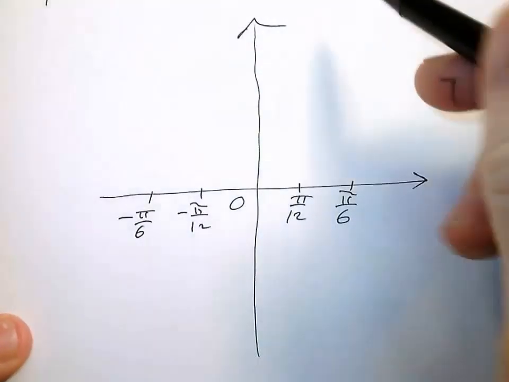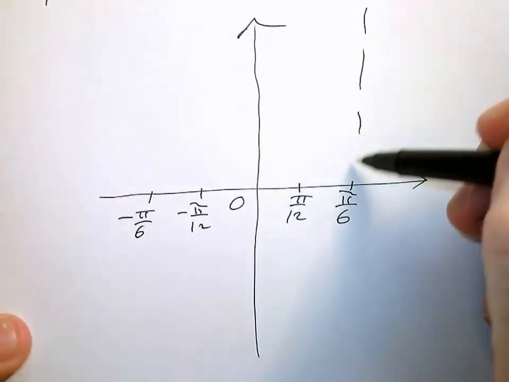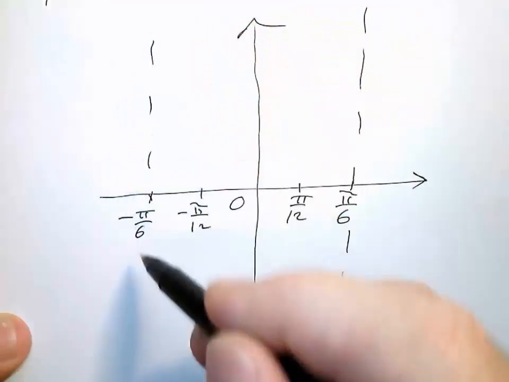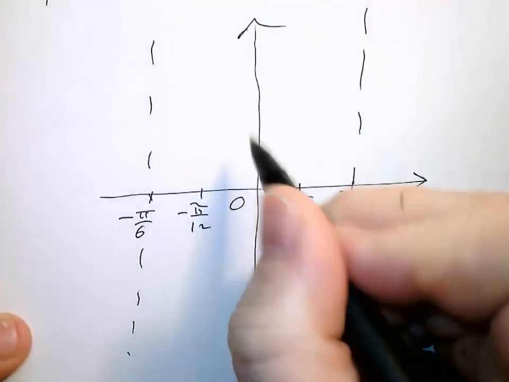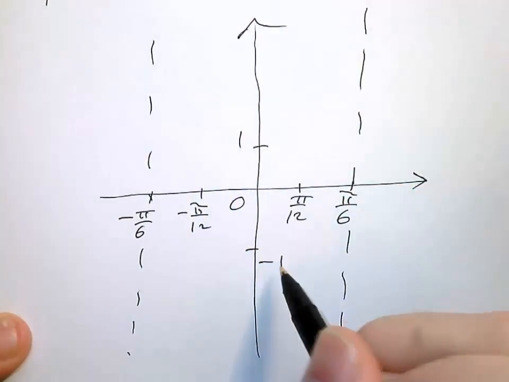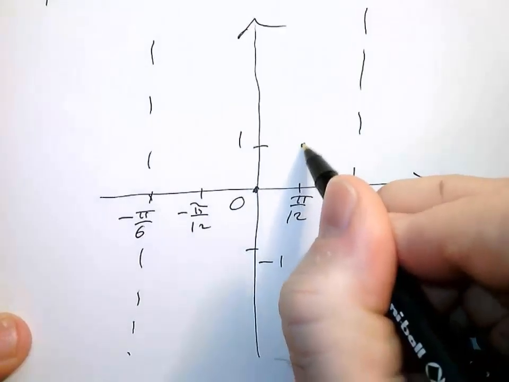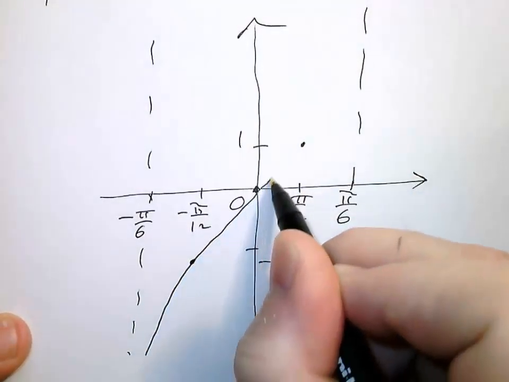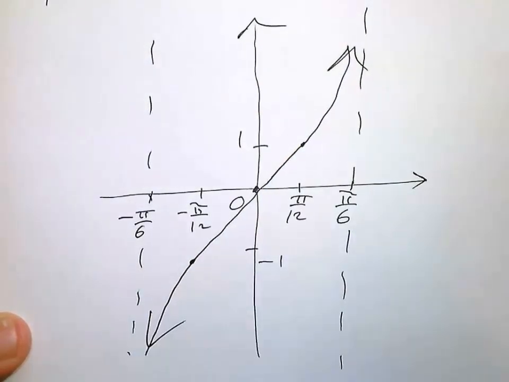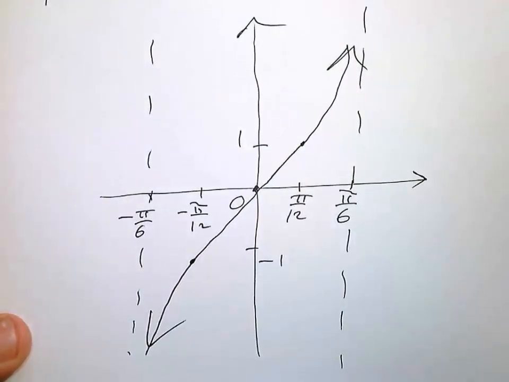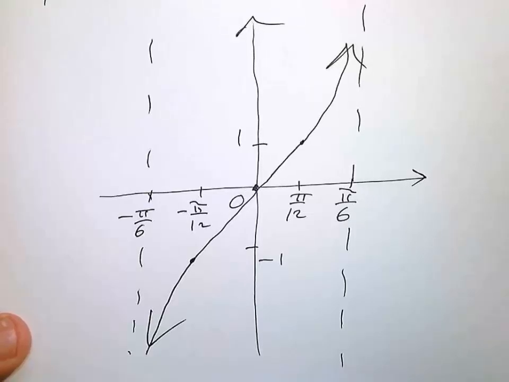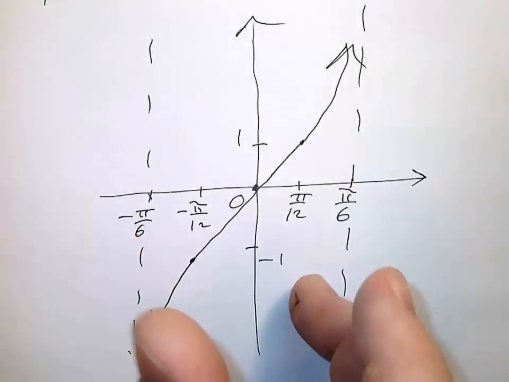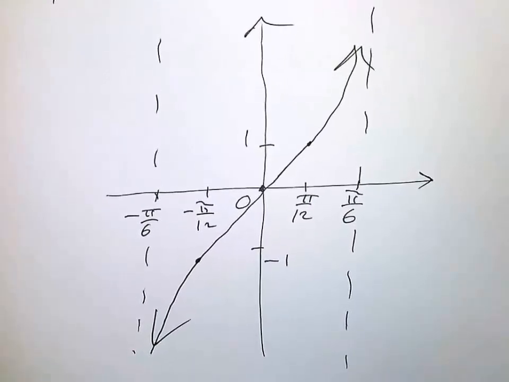And you can think about plotting points, but essentially I have the same exact behavior here as before. And here's 1, down here is negative 1, going through those 3 points, and then these asymptotes. So this is what my graph looks like, and it's shrunken in here. So, except for the scaling, they're all pretty much the same.